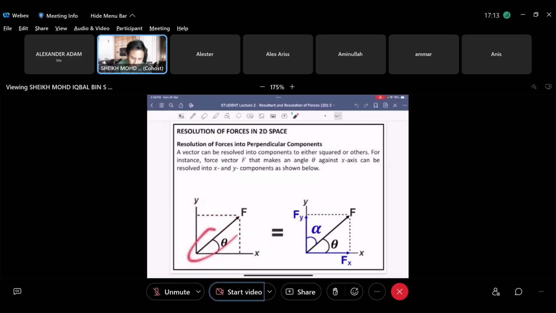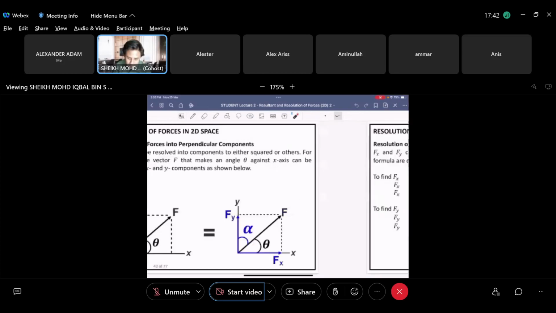You have one resultant force here, then you just draw a line here, and this part will be your force in the Y direction, and this part here will be your force in the X direction. Now you have resolved the resultant force into a force in the Y direction and a force in the X direction. This is for the easier one, which is perpendicular, 90-degree to each other.